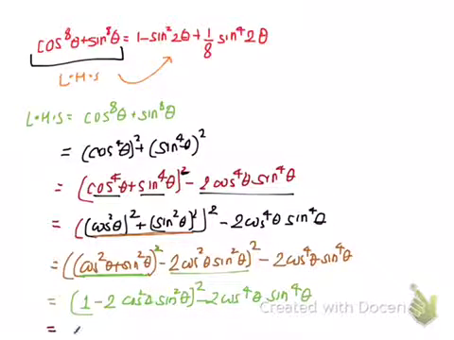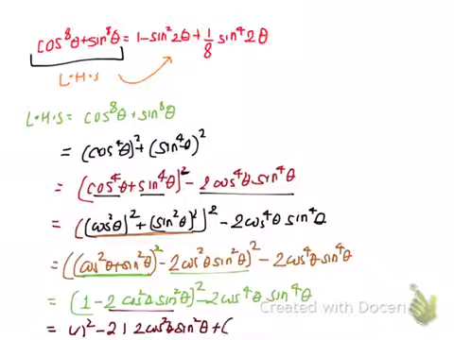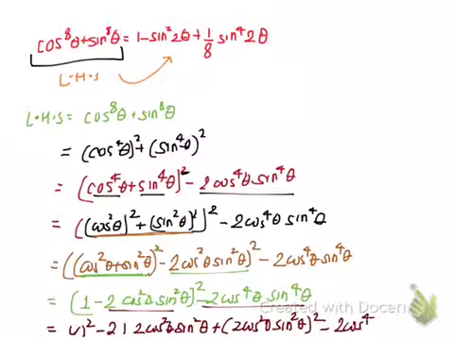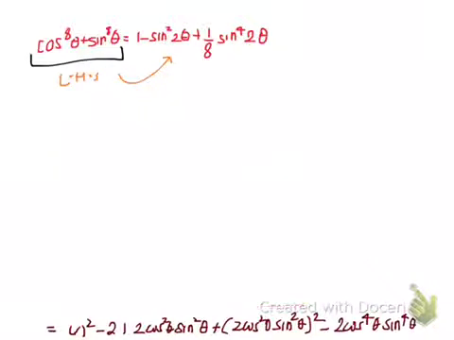So here I have a squared minus 2ab, which is 2 cos squared theta dot sine squared theta, and then plus b squared, which is 2 cos squared theta sine squared theta and then its whole square, and I have my remaining term, and I'm gonna write it the same way.